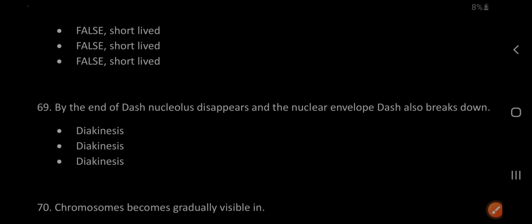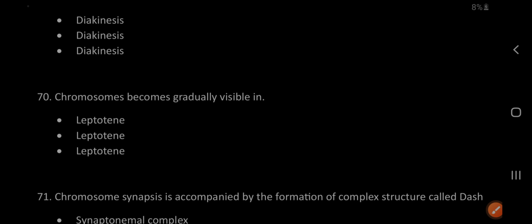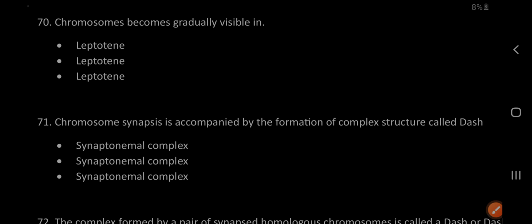By the end of dash, nucleolus disappears and the nuclear envelope also breaks down. Diakinesis. Chromosomes become gradually visible in leptotene.